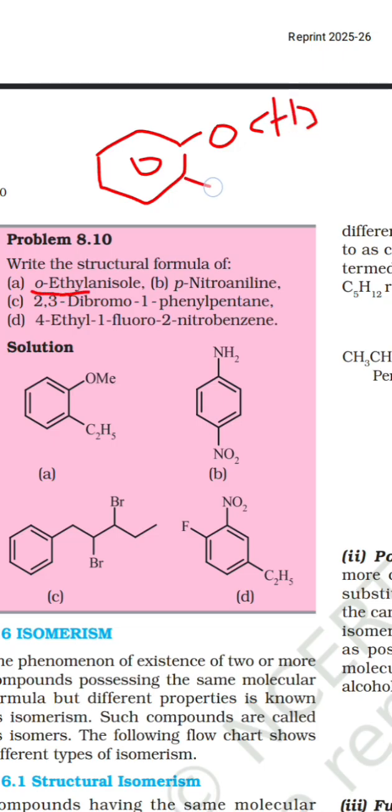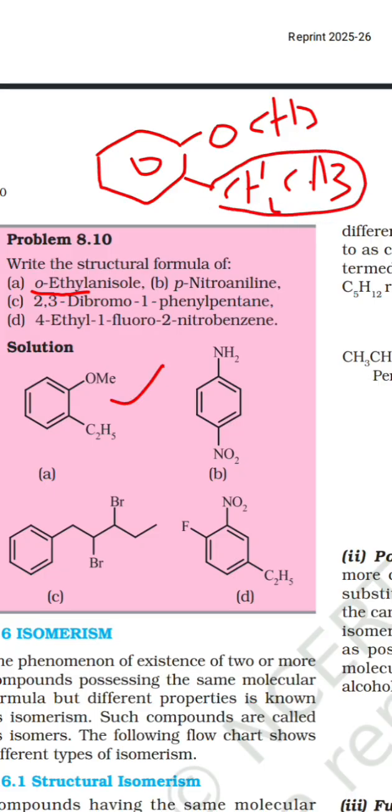That means here an ethyl group is there, CH2CH3. So this is ortho-ethyl anisole. C2H5 or CH2CH3, both are the same. So this is the structure for ortho-ethyl anisole.